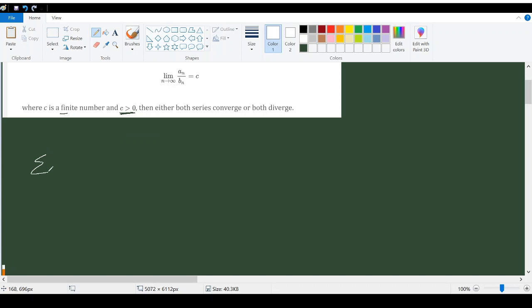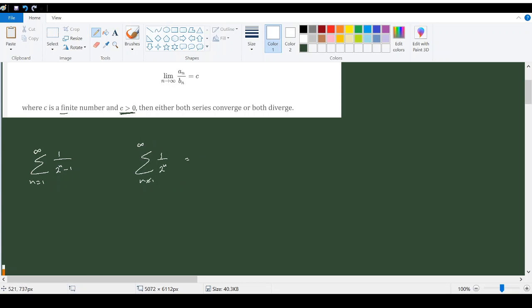Consider this series. Now we need to determine the convergence of this series, that is whether this series converges or diverges, right? So we use another series, which is this one. Now this series, we know the convergence. Why is that? Well, sometimes you might forget.